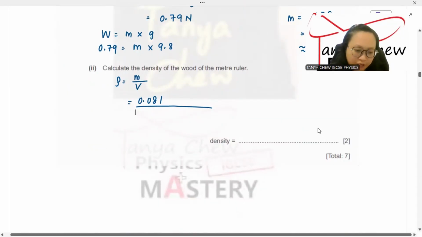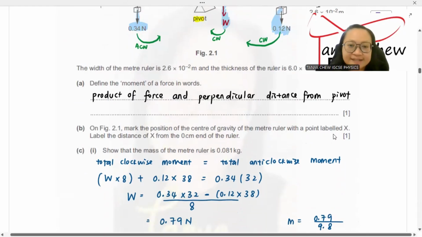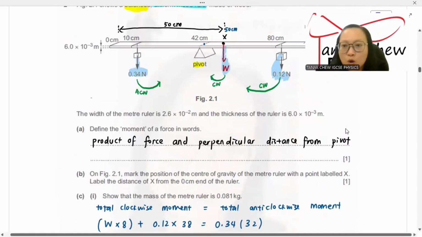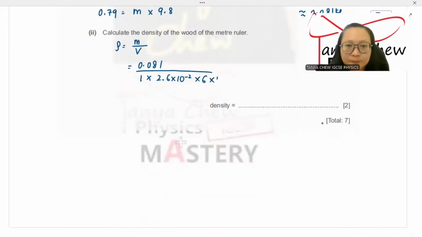I am going to take the length, 100 cm, change to meter is 1 meter, times the width, which is 2.6 times 10 to the power negative 2, times the thickness, which is 6 times 10 to the power negative 3, to get the volume.